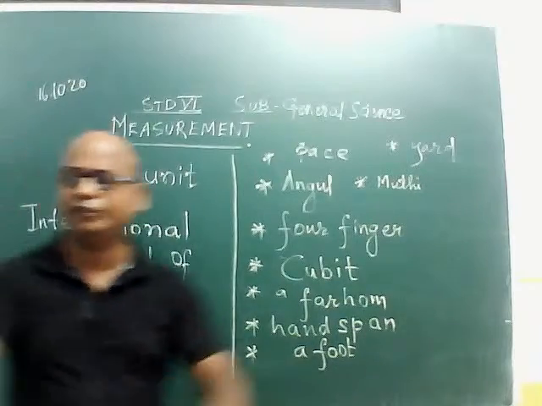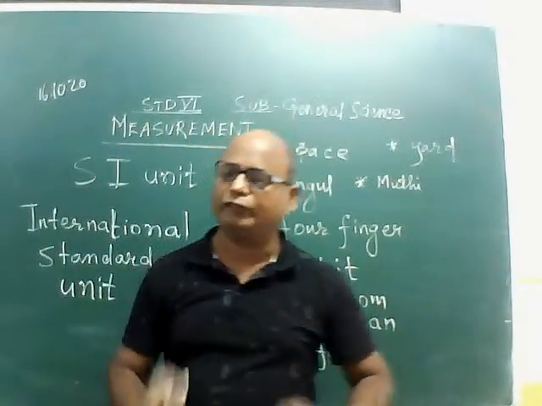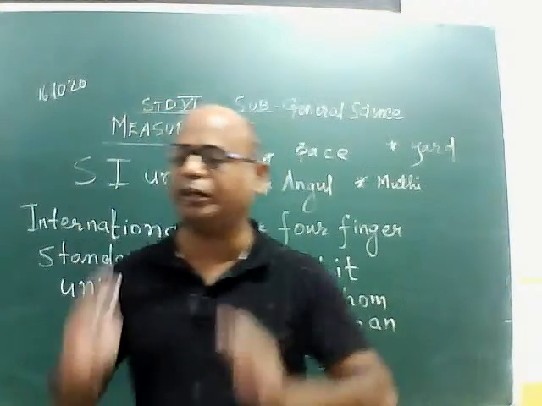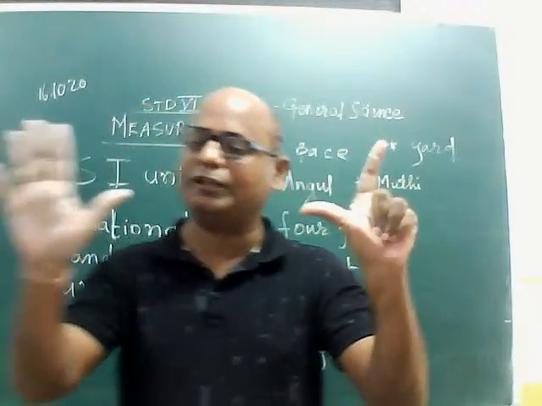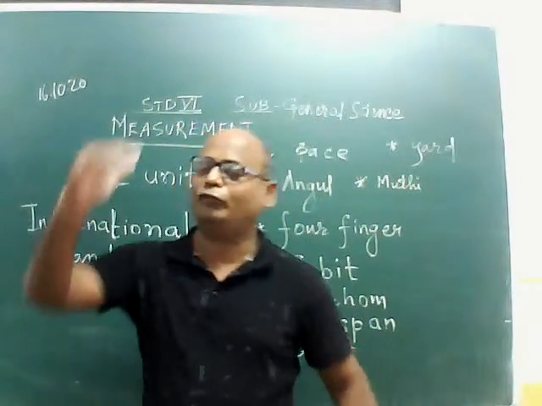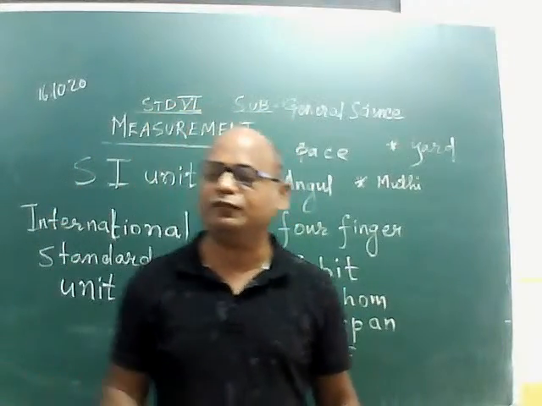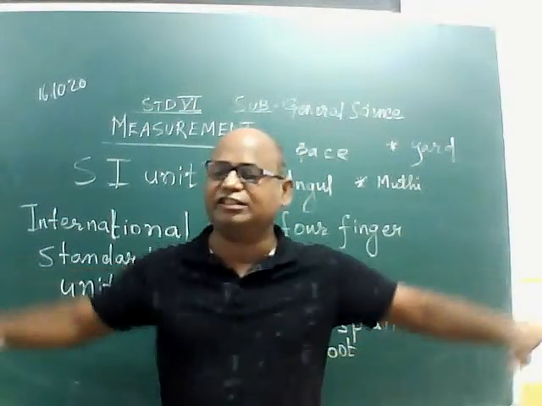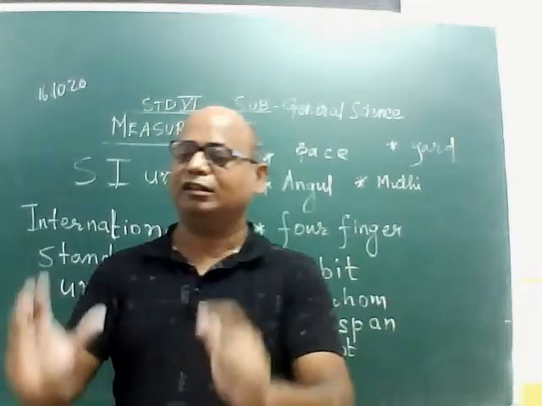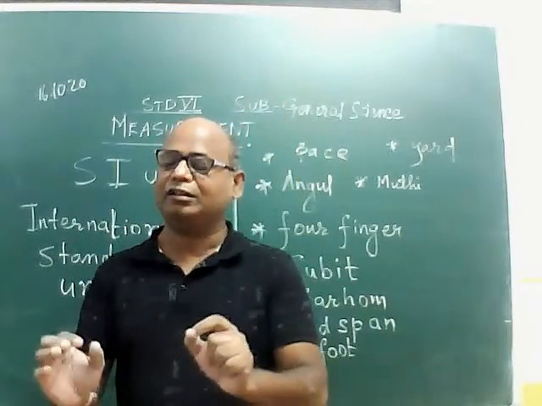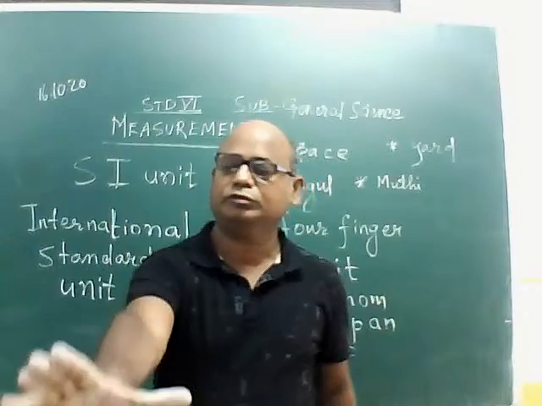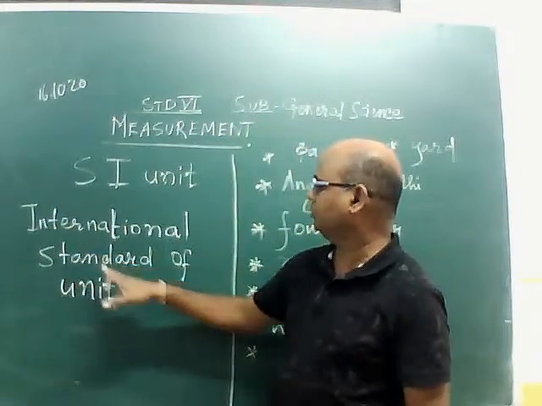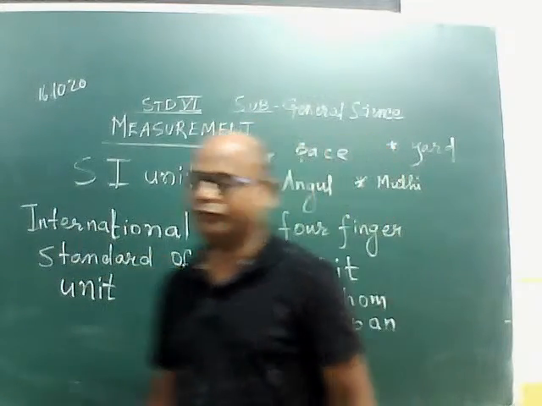Okay, for all physical quantities. What are the different physical quantities? Fundamental physical quantities. There are 7 different fundamental physical quantities. For all these fundamental physical quantities, these scientists sat together and determined their international standard of unit.